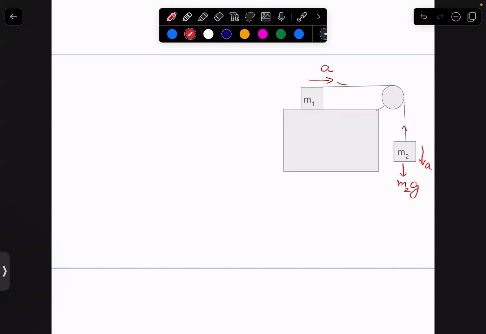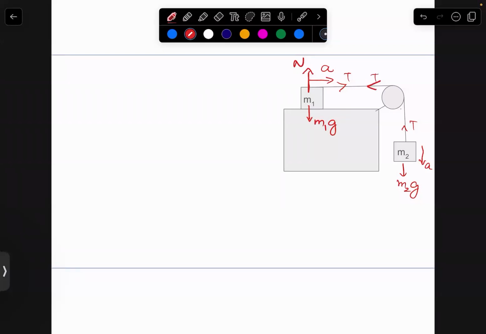This is T. And for this block M1, this is the weight acting downwards, M1G. And because of this weight acting on the surface, it will provide a normal reaction perpendicular to the contact. So this is what is happening over here.